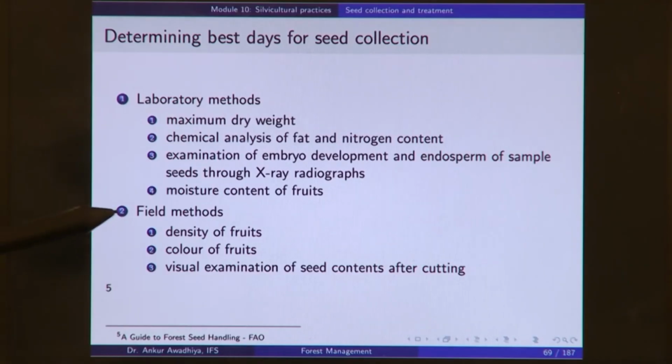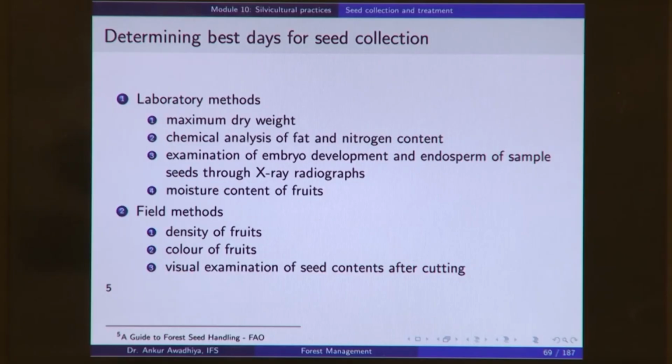So, one field method is the size of fruits and the density of fruits. So, once your fruit has reached an appreciable density, then it means that the seed development is now complete. Or you can look at the color of fruits. So, for a number of species the fruits start as green in color, and once they have matured the color changes to say red or yellow or orange.